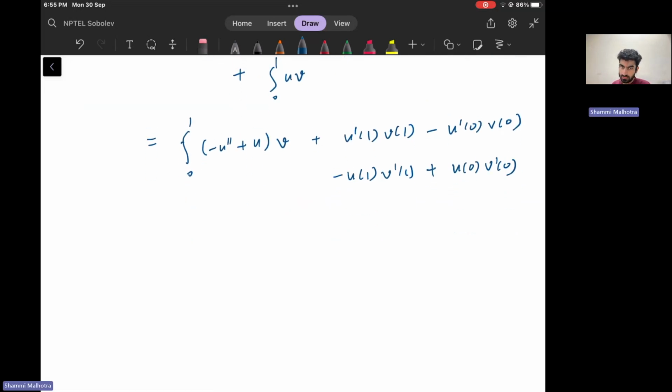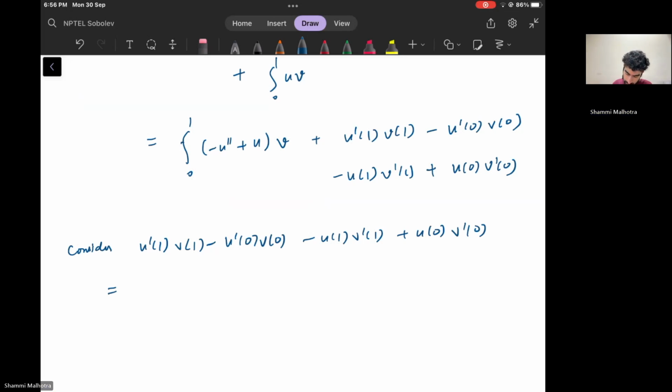But if you see what is u dash 1 and u dash 0, consider u dash 1 v1 minus u dash 0 v0 minus u1 v dash 1 plus u0 v dash 0. So we can substitute the values. So u dash 1 was u0 minus u1. It's like u0 minus u1 v1 minus, again this is the same thing.